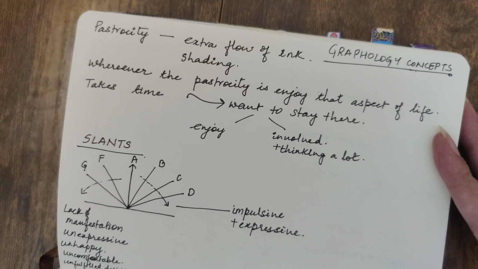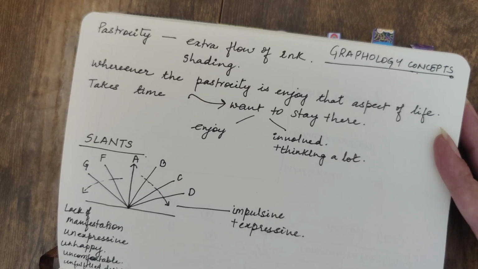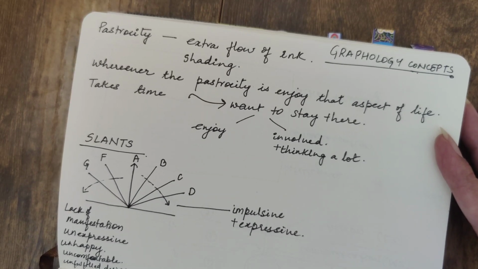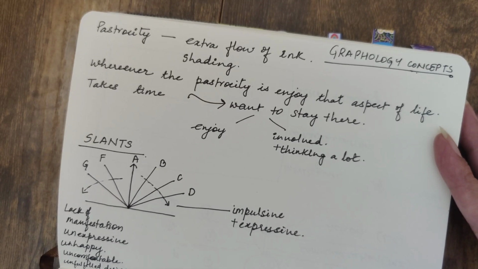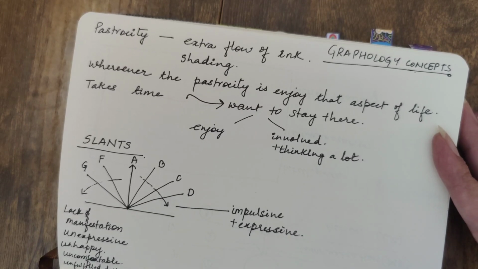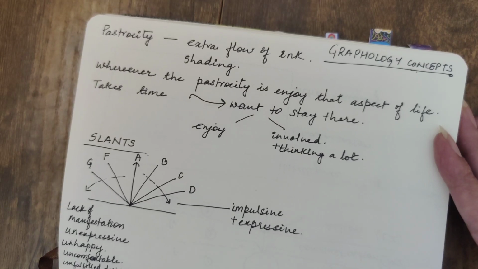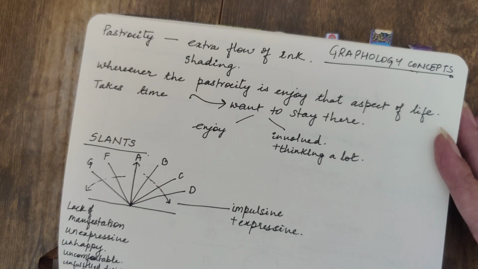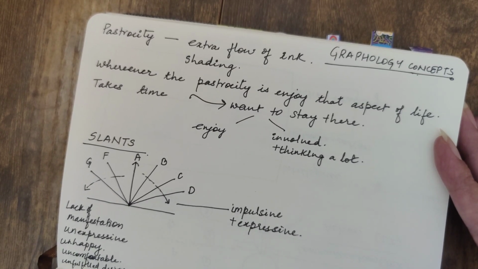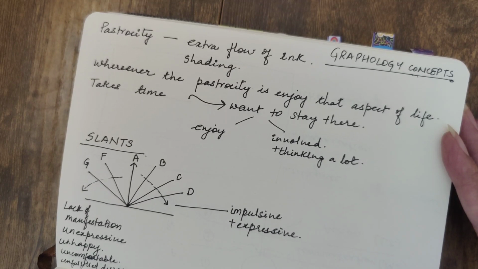Now what that aspect is and what that means, we will learn in future videos with the concept of symbology and all the different components we ask that person to draw, like the sun, the mountain, and stuff. So for now, remember, pastosity equals the aspect where they like to take their time and enjoy that aspect, and they want to stay there a lot.